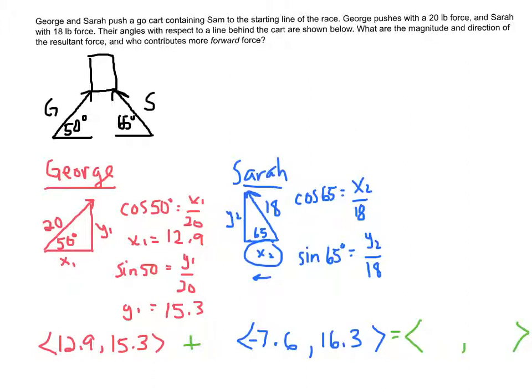We should know that George and Sarah are pushing in opposite horizontal directions, so they should cancel each other out somewhat.